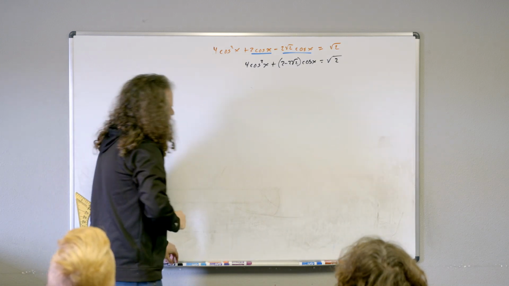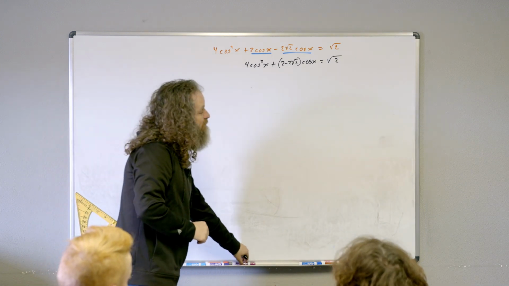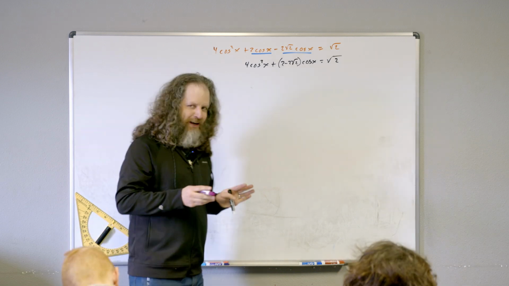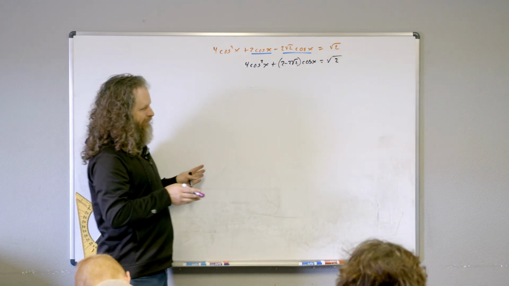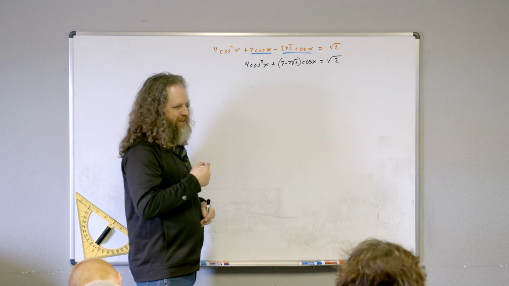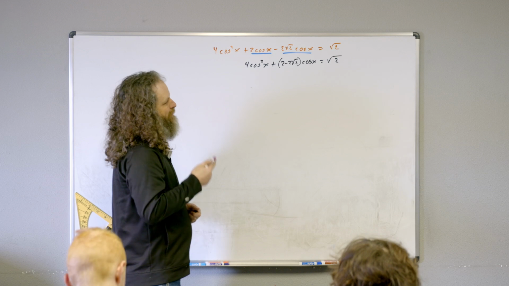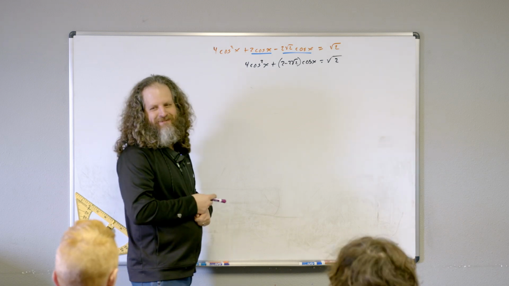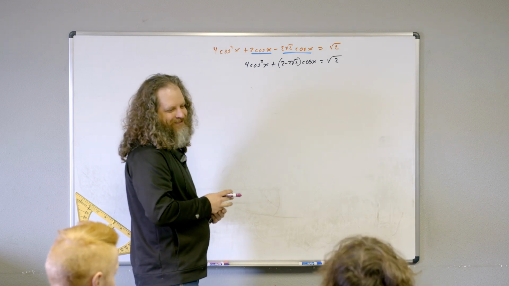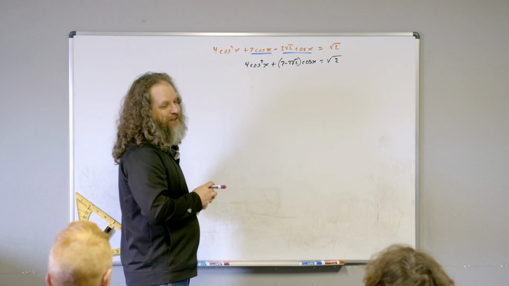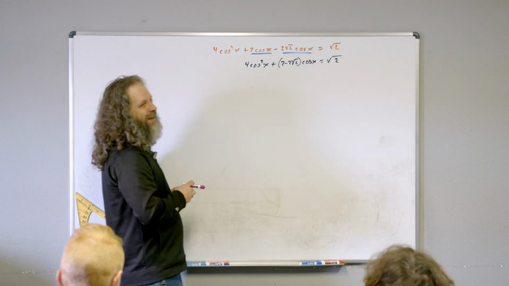Let's give it a shot. I honestly think factoring this is going to be easier to understand than trying to do the quadratic formula on it, because with all those square roots in there and another square root that we're adding, it's going to get ugly in a hurry.